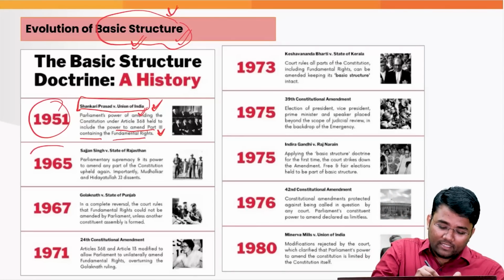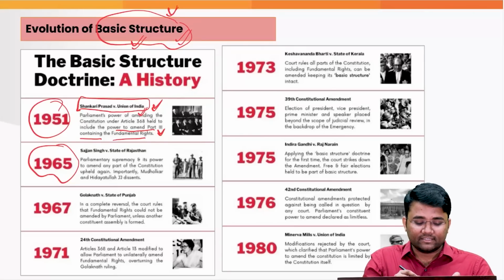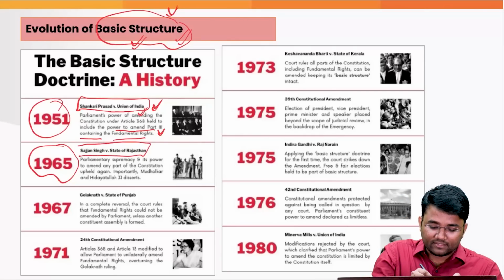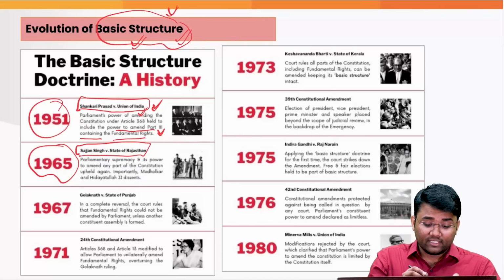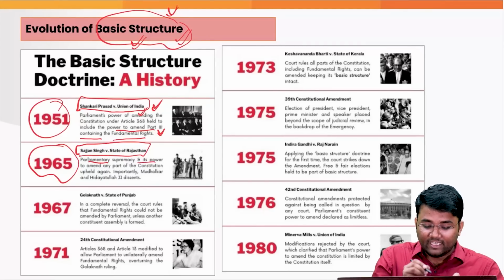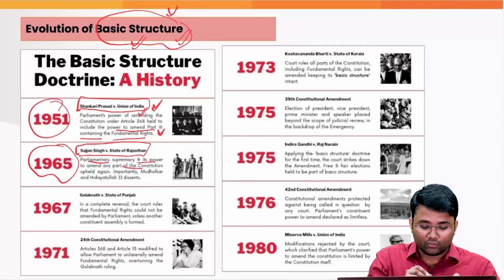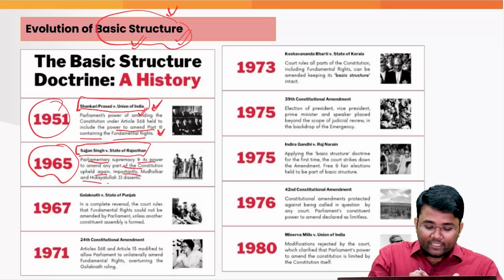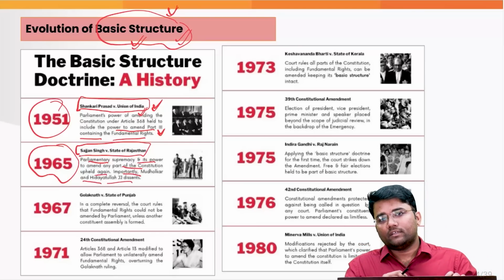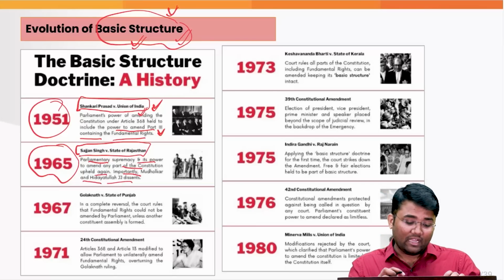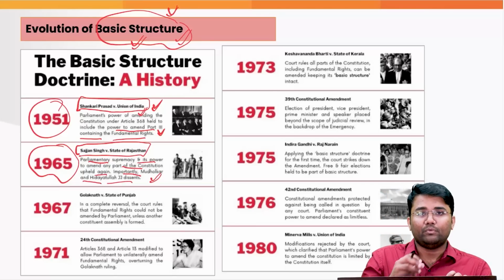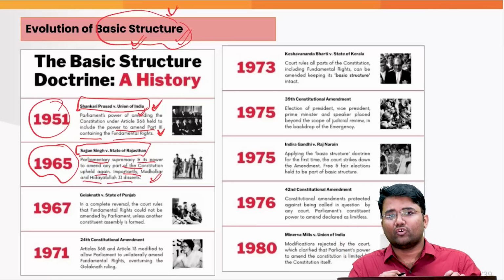Then comes 1965, the case is Sajjan Singh versus State of Rajasthan. In this case, the Supreme Court upheld again parliamentary supremacy and its power to amend any part of the constitution. Importantly, Justices Mudholkar and Hidayatullah were dissenting judges who did not give their opinion in sync with the majority judgment.